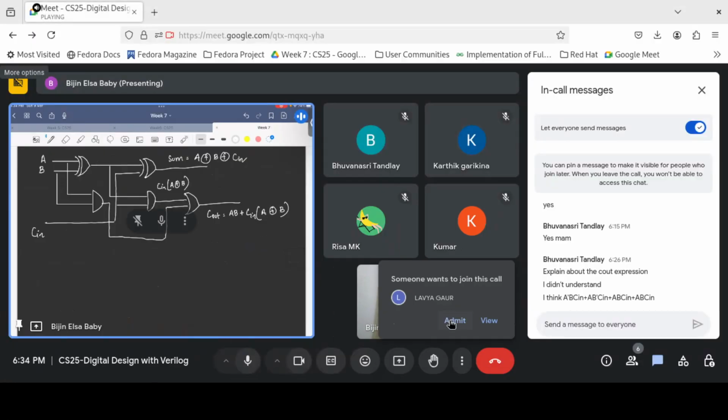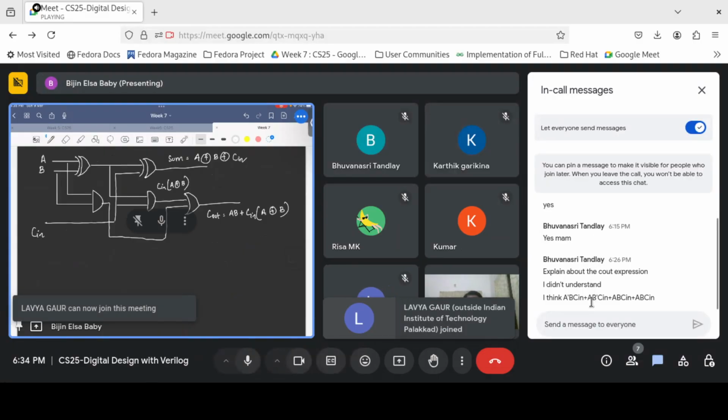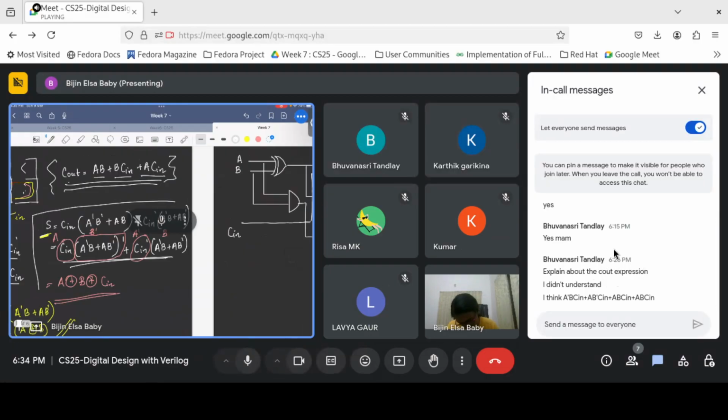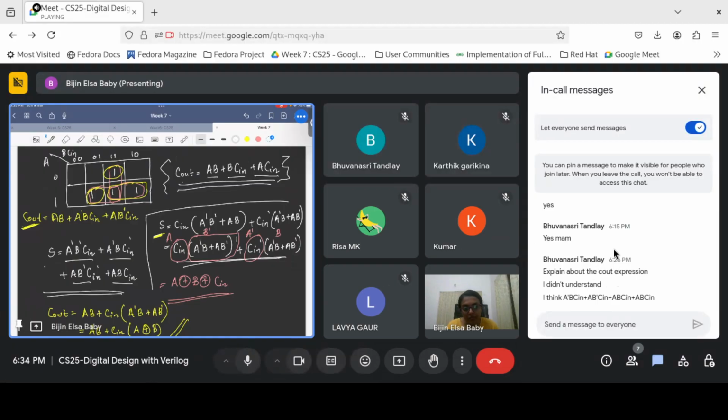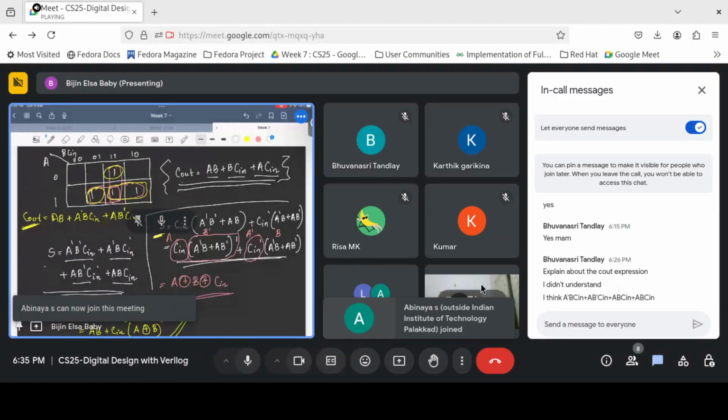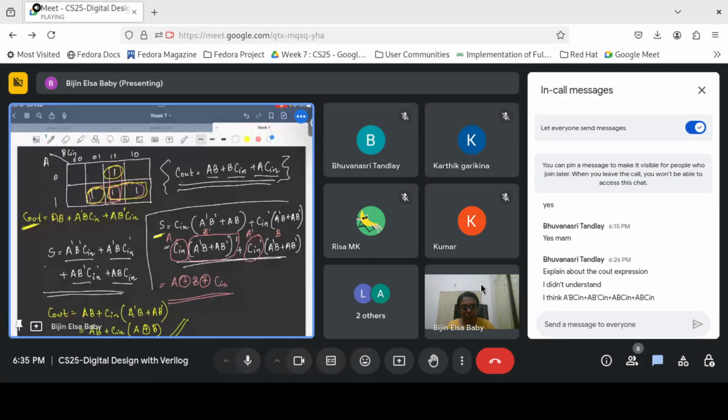Okay, this is the logic diagram of the sum and the carry. The carry expression is AB plus BC plus AC.